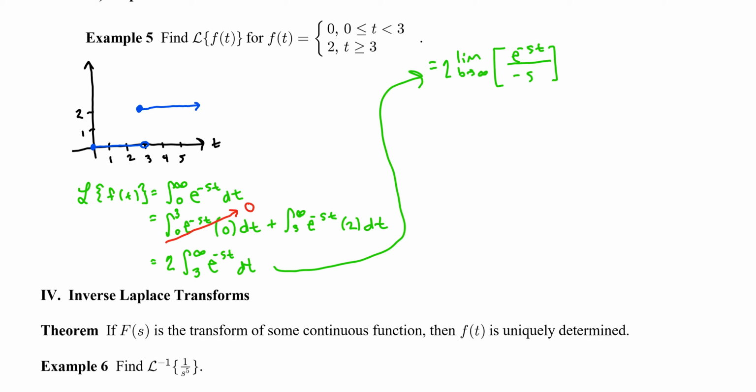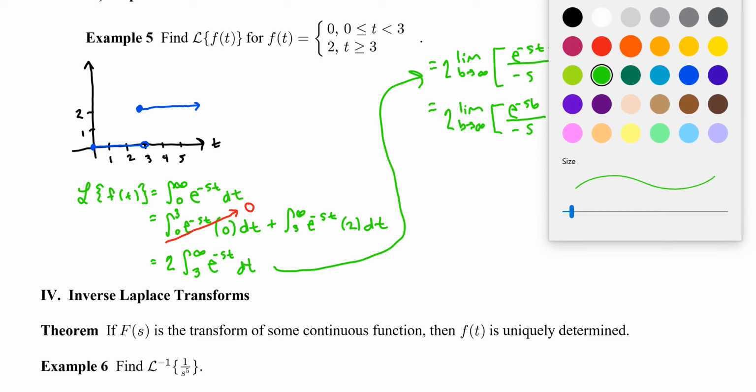And we're going to run that from not 0, but 3 to infinity, or 3 to b. Let's plug in our upper and lower limits for our variable of integration, which is t. So we have 2 times the limit as b approaches infinity of e to the negative sb over negative s, minus our lower limit, e to the negative s times 3 over negative s.